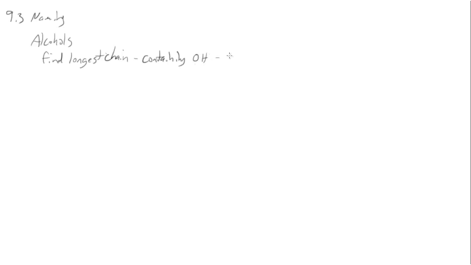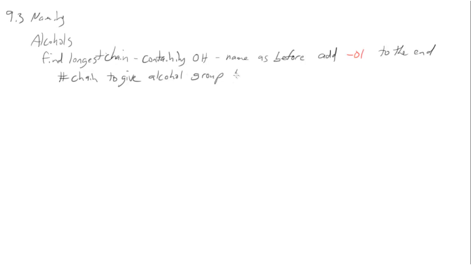And then we'll name it as before, and I'll add -ol to the end of the name. And we'll number the chain to give the alcohol group the lowest possible number.